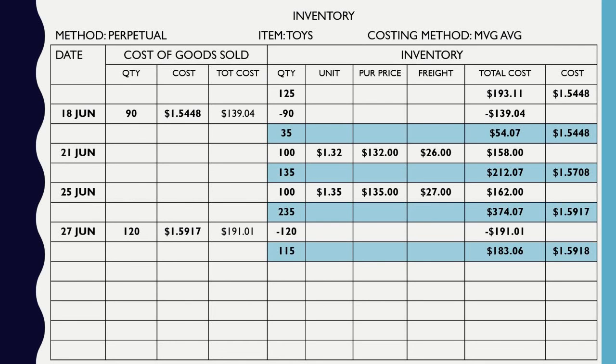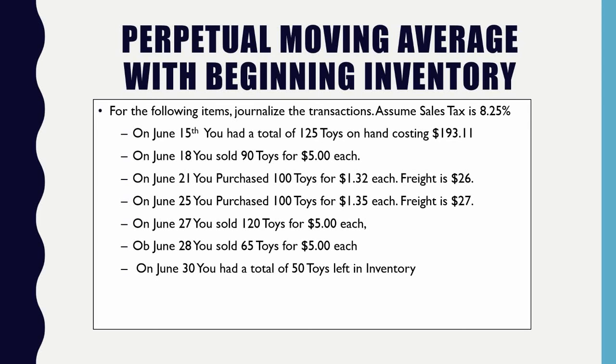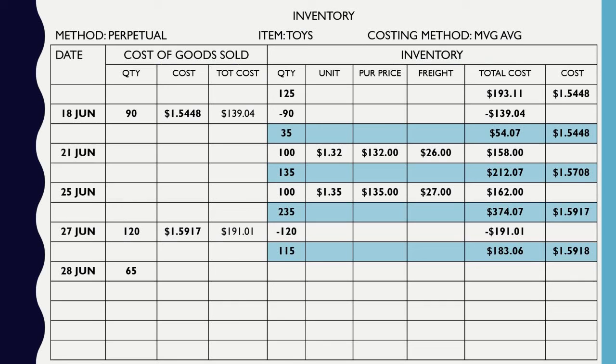So now that we are done with this one, right? Let's see what happens next. We end up selling our last 65 toys to give us a total remaining of 50. So in this case, I sold 65 at $1.5918, and that's going to give me my total of $103.47.